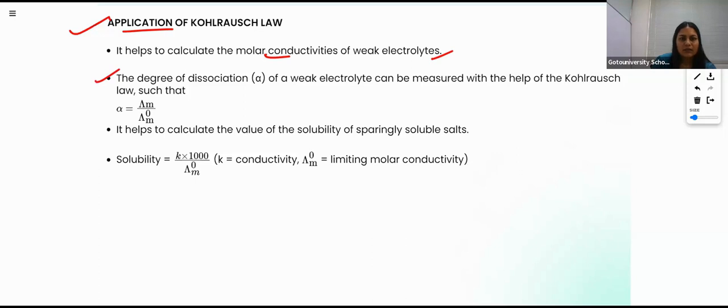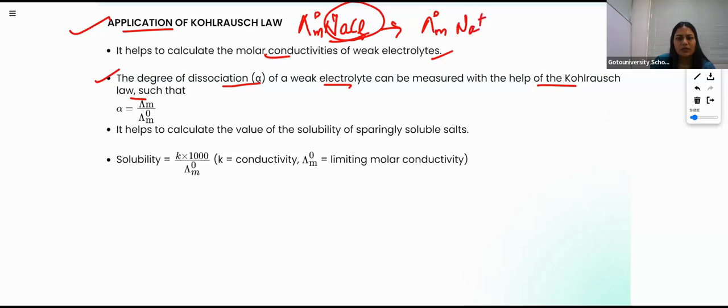And the degree of dissociation of a weak electrolyte can also be measured with Kohlrausch's law. If I write here an example that we just discussed for NaCl, the molar conductivity was represented. Now this dissociates into what? Into cation and anion, right?